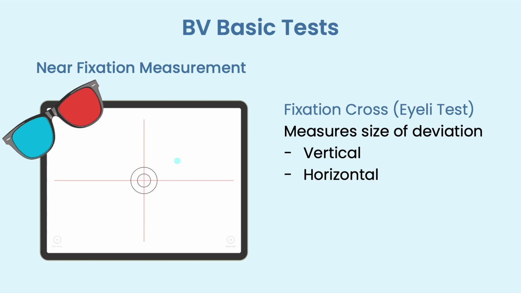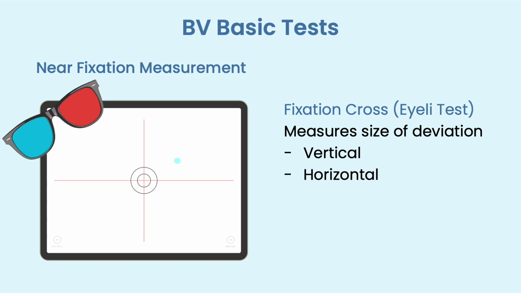To check if there's any fixation disparity or associated phoria present, we use the fixation cross Eyeli test. The patient is still wearing the red-green anaglyphs, similar to the fusion cross, but the target now has a fusion lock, a part of the target that both eyes can see and fuse, even though both eyes can't see the green circle and the red cross.